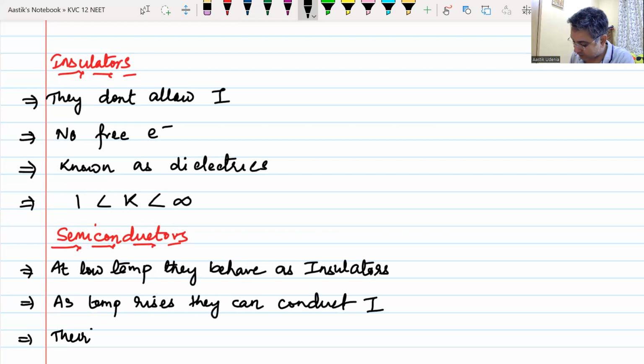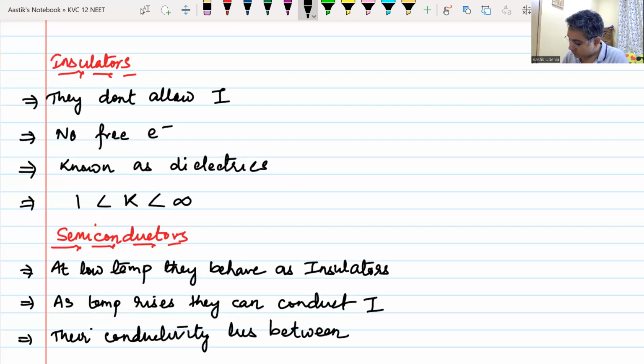Their conductivity lies between insulators and conductors. Oh, sorry, I should write insulators and conductors. So they are not like insulators that do not conduct at all, but they are also not conductors. They don't conduct very high. So their conductivity lies between insulators and conductors.